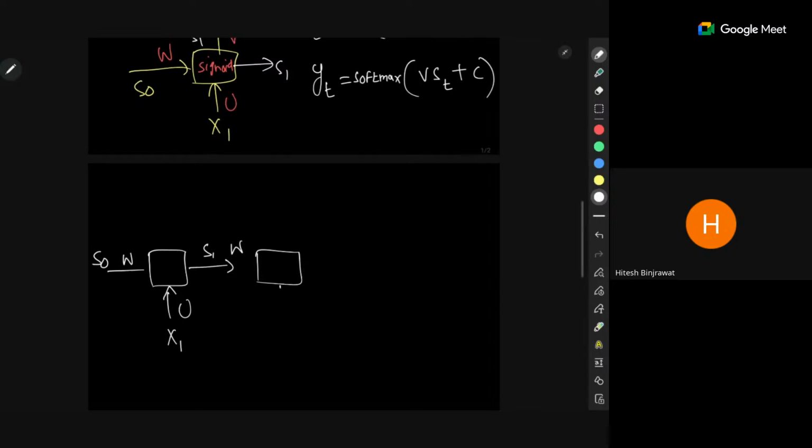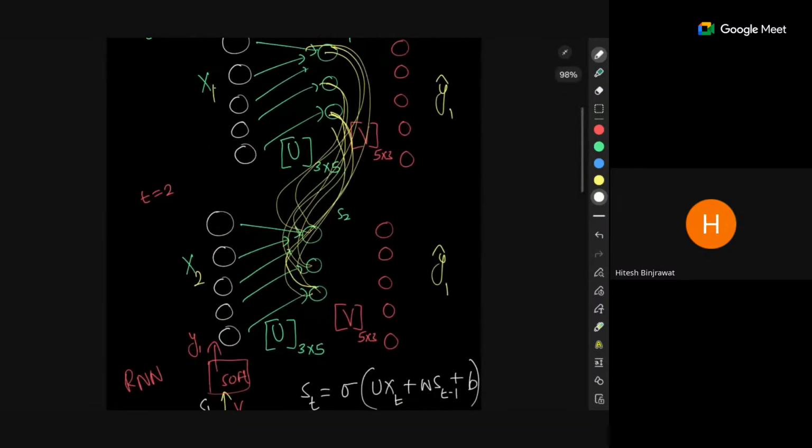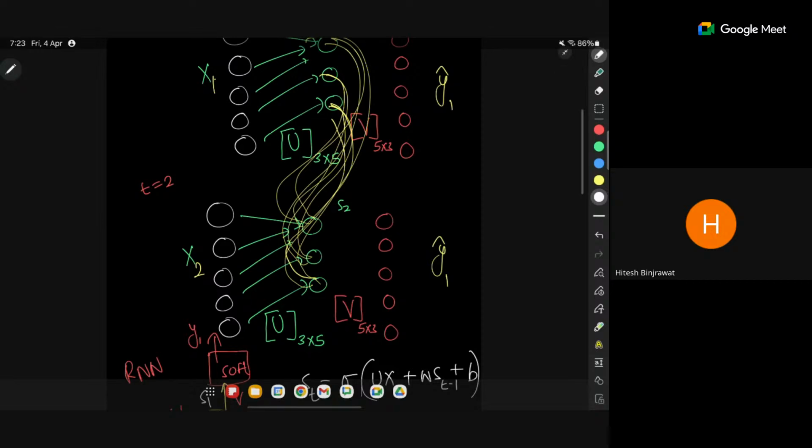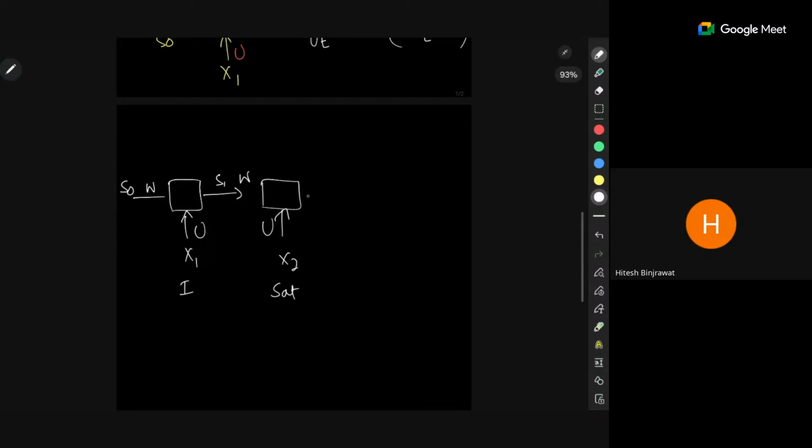So again I'll give X2 here for the next one. The weights are the same, they will not change, because we are using the same architecture again and again. So that's what the recurrent part is. The yellow lines are recurrent connections, okay, and so on, right?